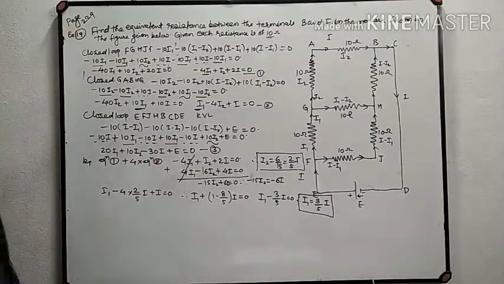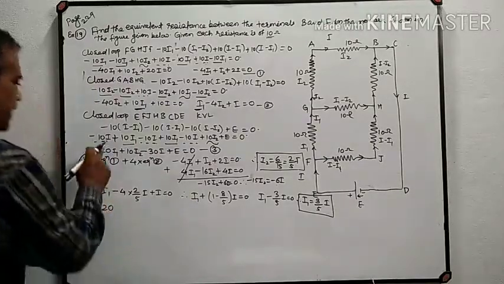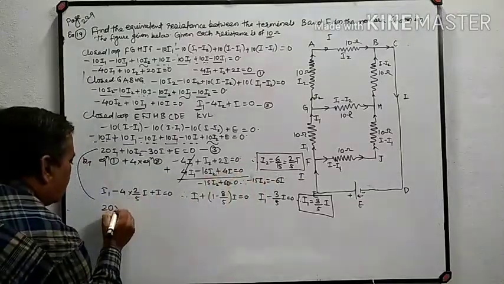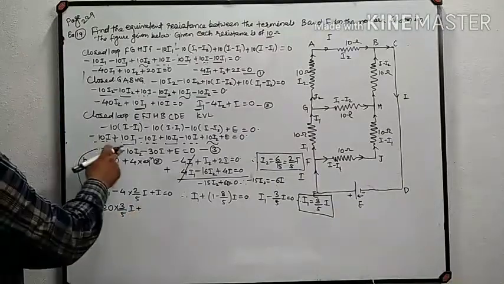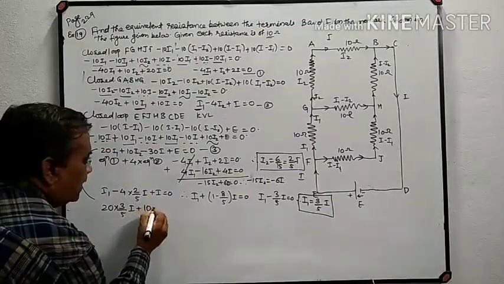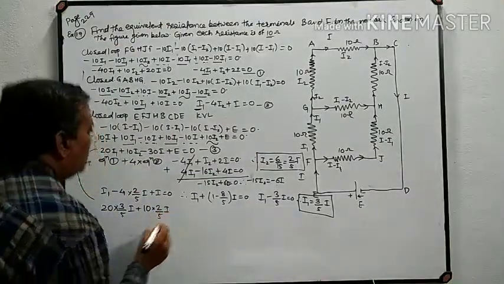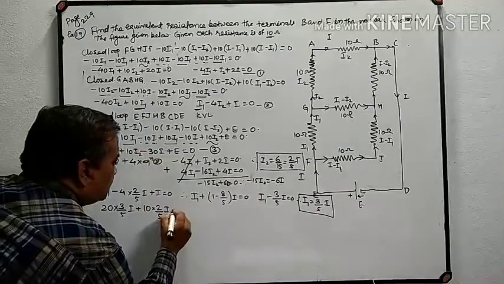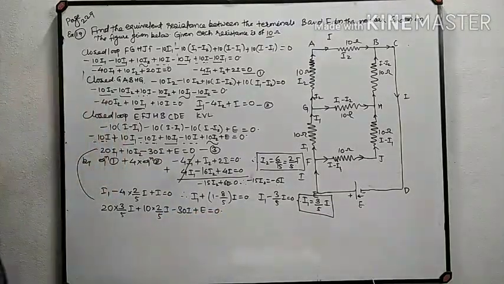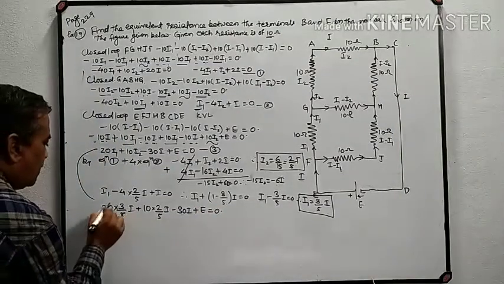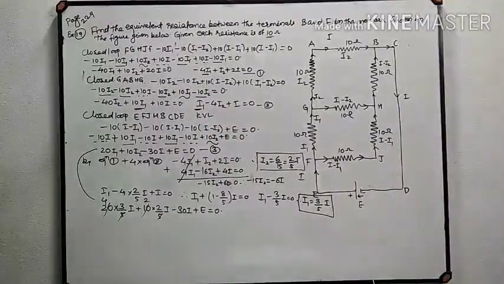Now we can put the values of I1 and I2 in equation number 3. Equation 3 becomes 20 into 3 by 5 I, since that is I1, plus 10 into 2 by 5 I, since that is I2, minus 30 I plus E is equal to 0. 5 ones are 5, 5 fours are 20, 5 ones are 5, 5 twos are 10.